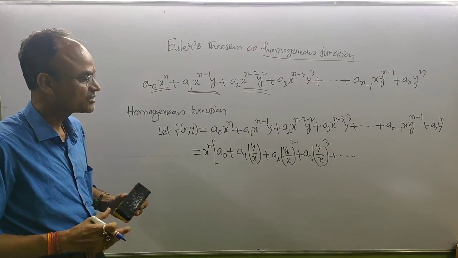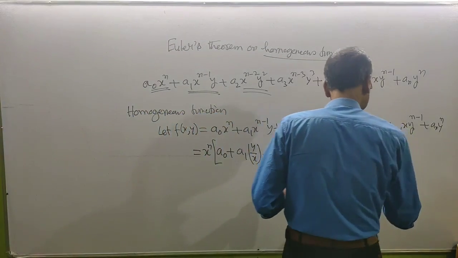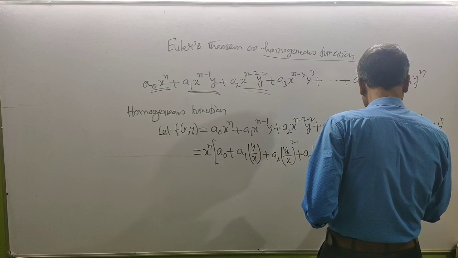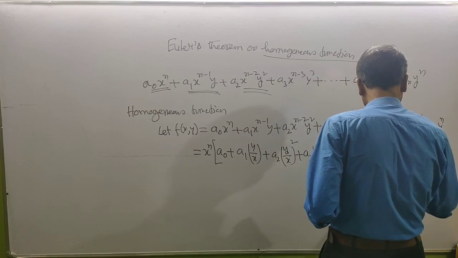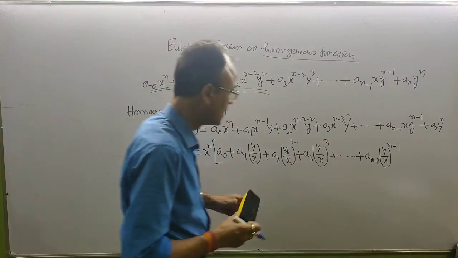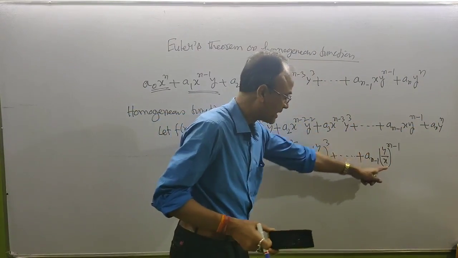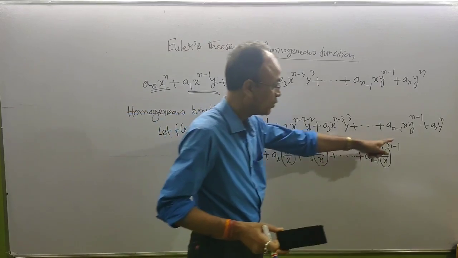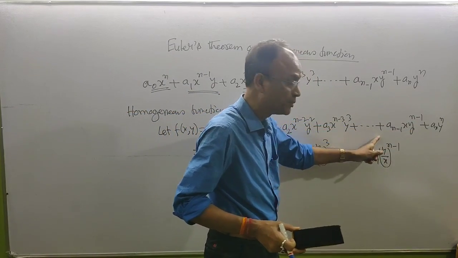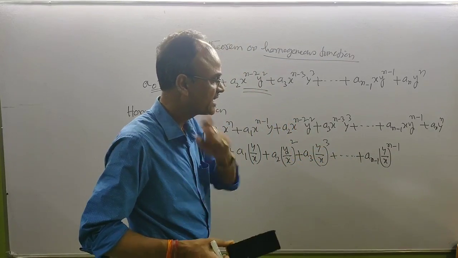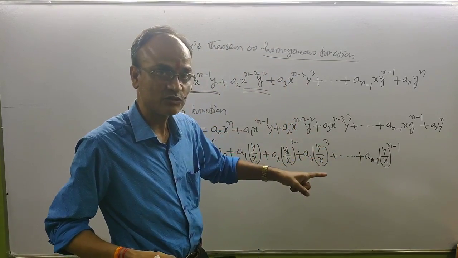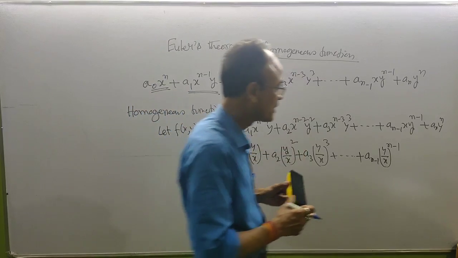Plus a n minus 1 y by x whole to the power n minus 1, because multiplying this by x to the power n, y to the power n minus 1 is there, and x to the power n divided by x to the power n minus 1 will definitely be x.